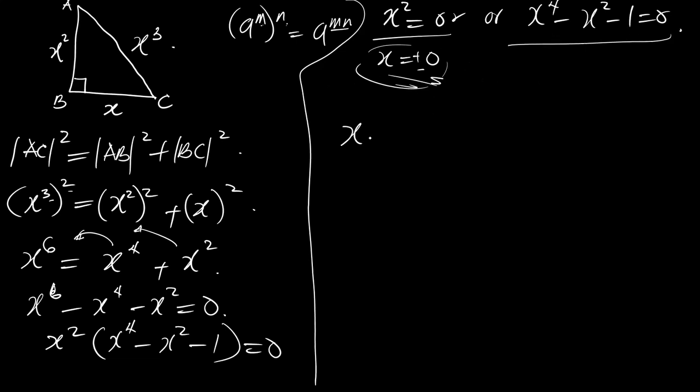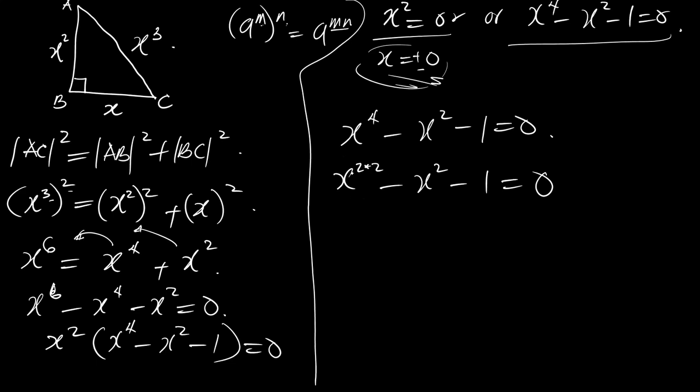So you have x raised to power 4 minus x raised to power 2 minus 1 is equal to 0. I can rewrite this as x raised to power 2 times 2, because 2 times 2 is 4, minus x raised to power 2 minus 1 is equal to 0.